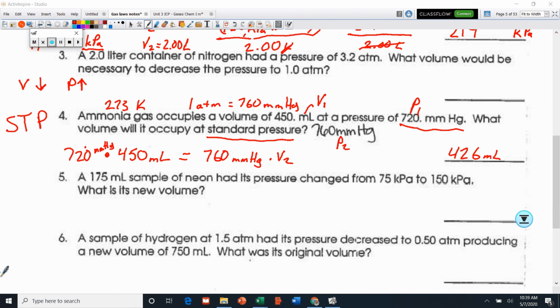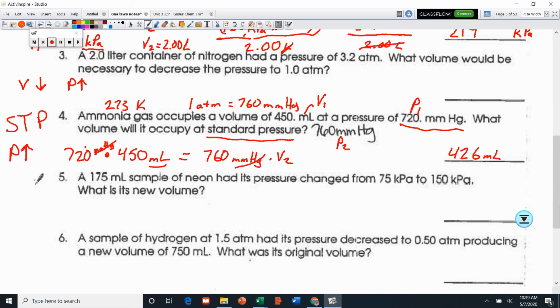All right, whenever I do this, I got 426 milliliters. Setting it up again, remember millimeters mercury is going away, leaving us only with milliliters as our answer. No need to change units on any of this. Again, looking at the conditions, pressure from initial to final increased.